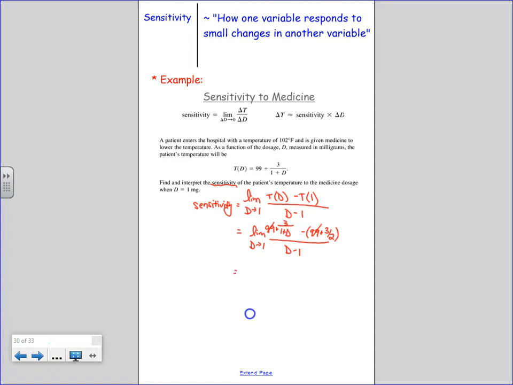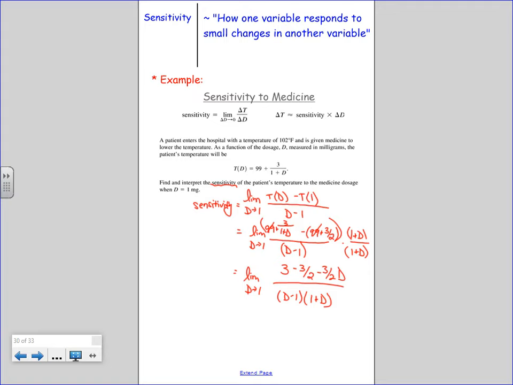Then technically it's 0 over 0, so we multiply top and bottom by 1 plus D. So we just have 3 minus 3 halves times 1 plus D, all over D minus 1. You see me simplifying my complex fraction? Then 3 minus 3 halves is just 3 halves again.